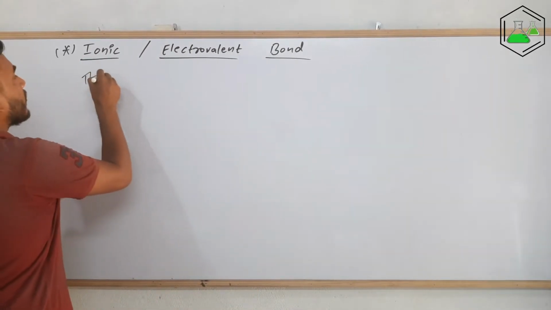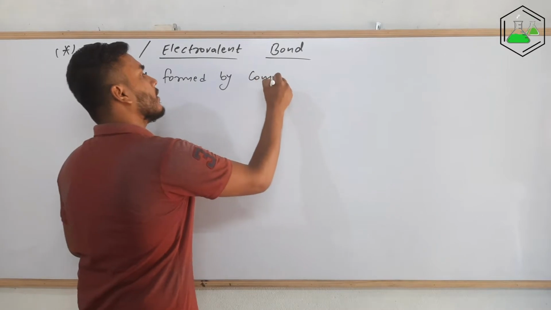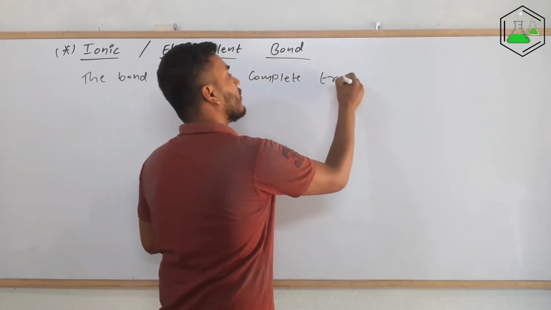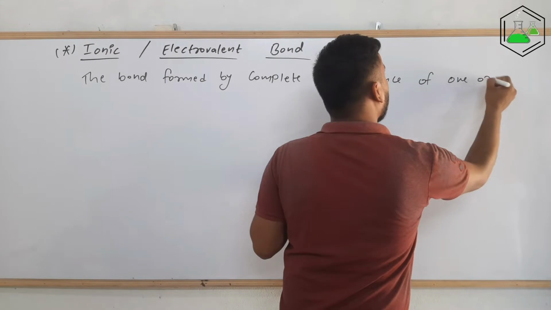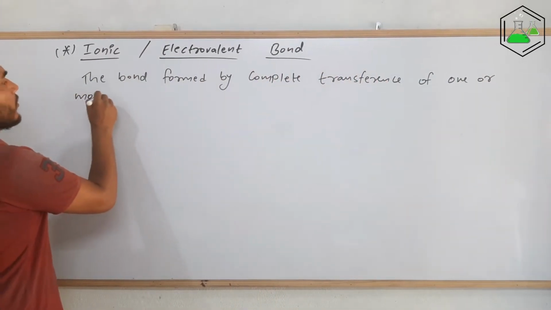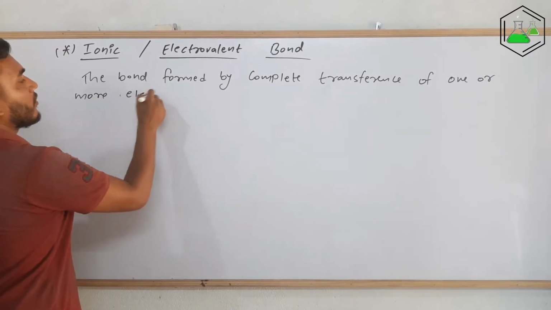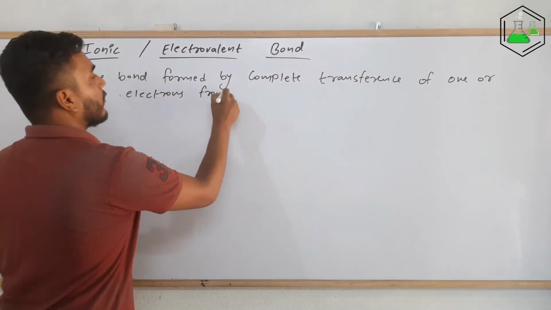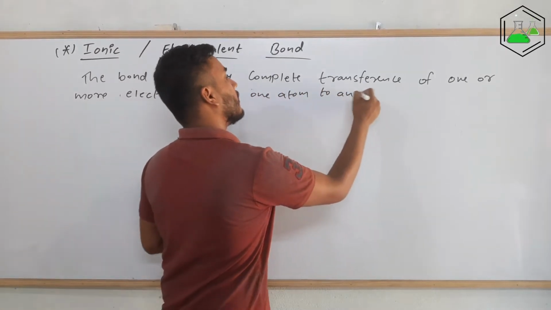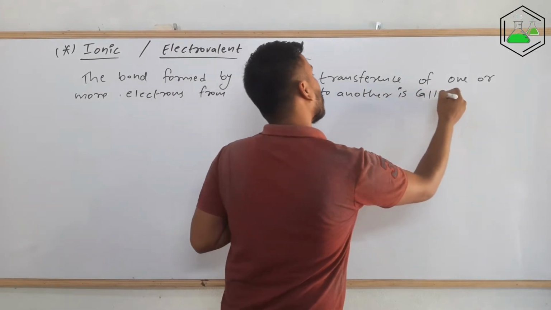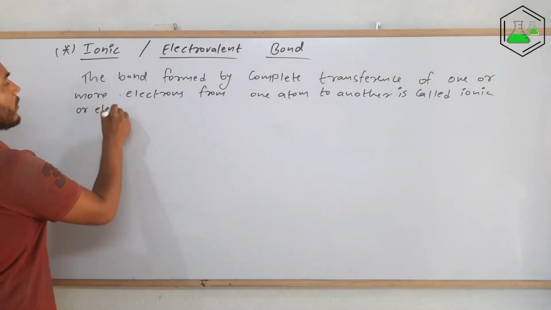The bond formed by complete transference of one or more electrons from one atom to another is called ionic or electrovalent bond.